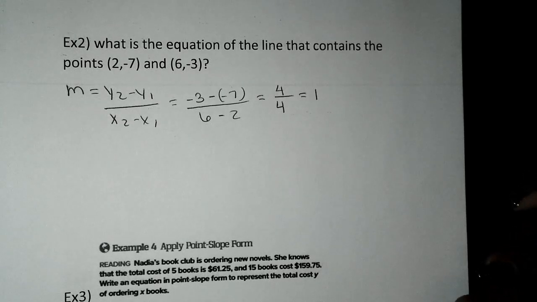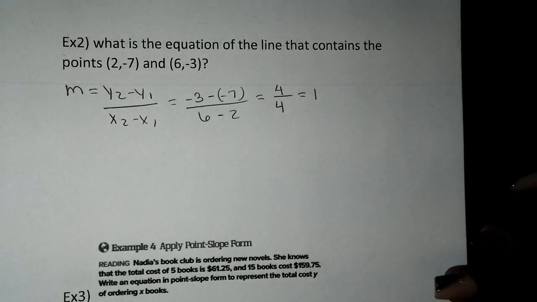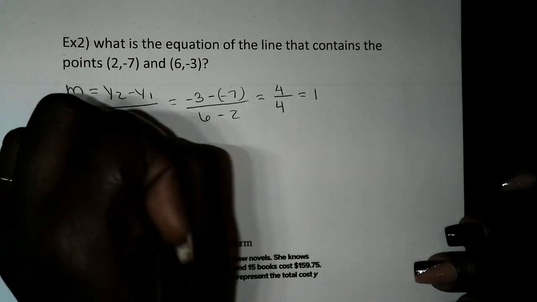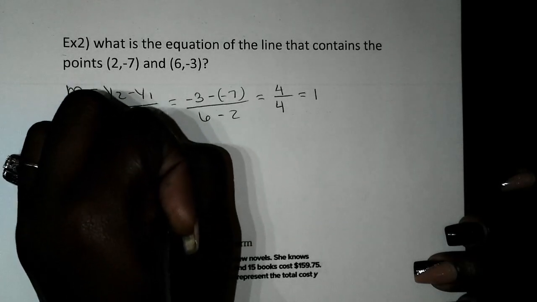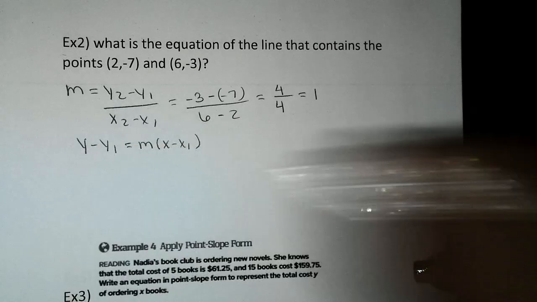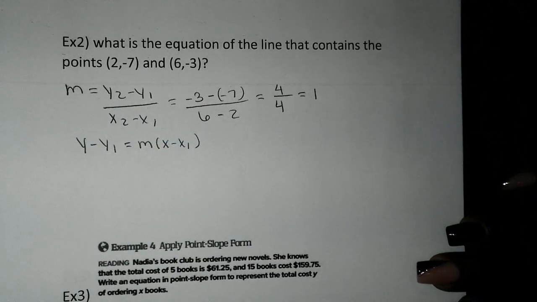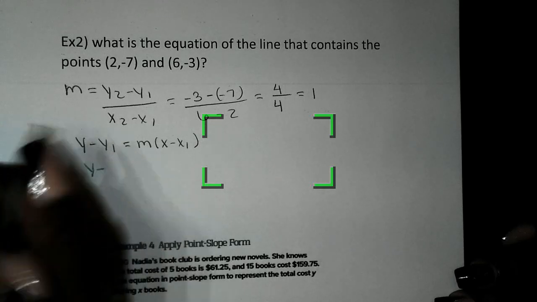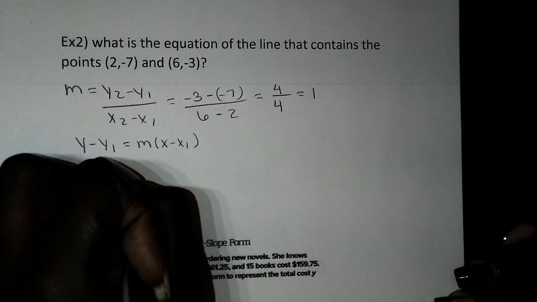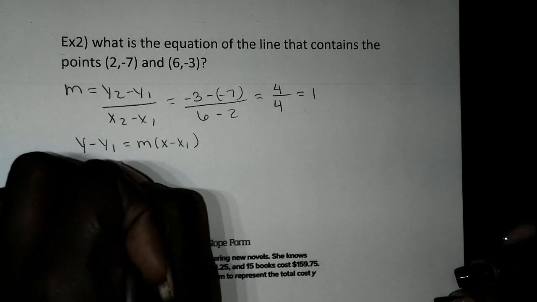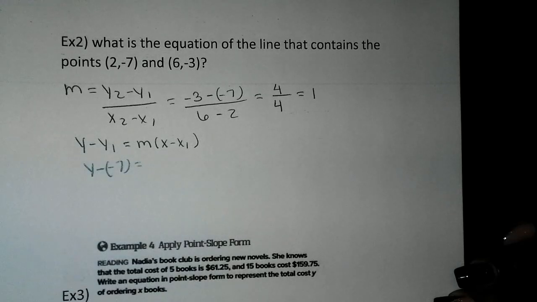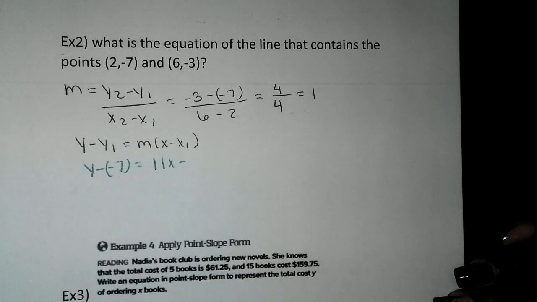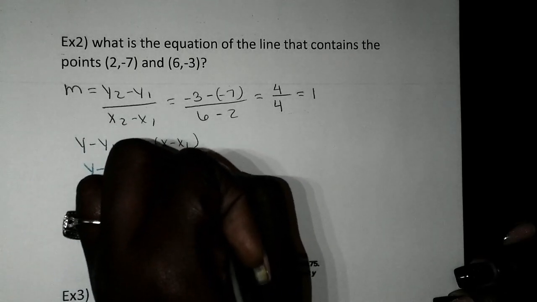That's our slope. So now we can use our point slope formula. Remember, the point slope formula is y minus y1 equals m times x minus x1. And we fill in the blanks. Our y minus y1, which is -7, equals our slope 1 times x minus x1, which is 2.